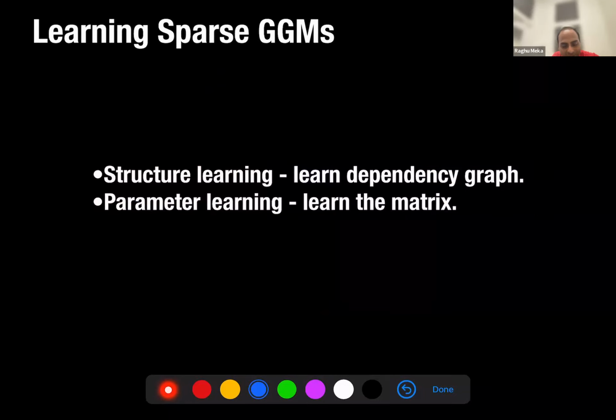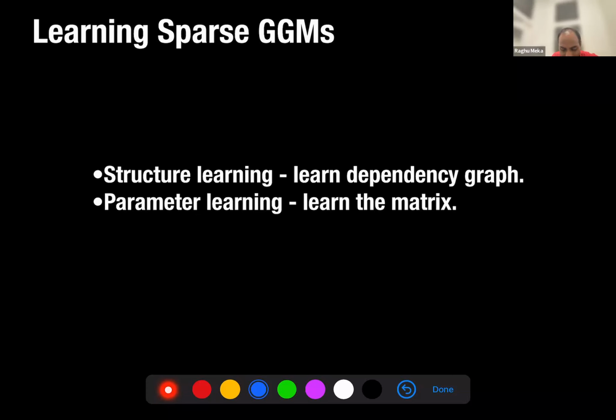All right. So in the context of learning sparse GGMs, we're interested in two questions, just as we were for learning discrete graphical models. One is structure learning: can I learn the dependency graph? The other is parameter learning: can I actually learn an approximation to the covariance matrix or the precision matrix in some meaningful sense?